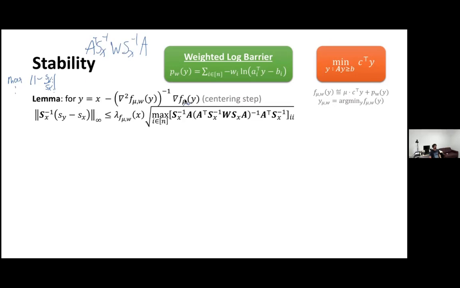Yeah. I guess more broadly, if we replace the gradient here with some vector d, this would be replacing lambda with d in the Hessian norm. And the same claim would be true. Okay. I just picked the gradient so I didn't have to do as much notation.